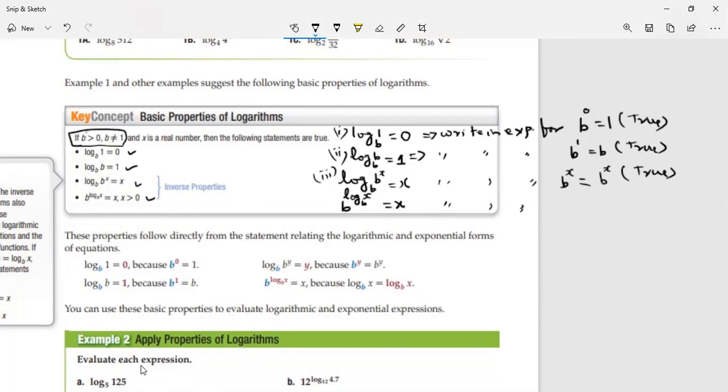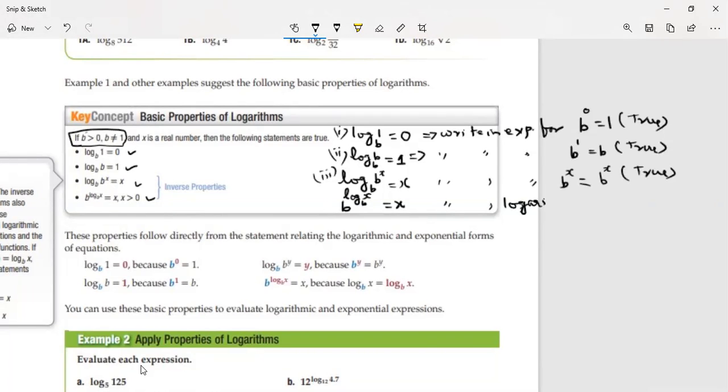Similarly, here also write in the exponent form: b to the power log x to the base b is equal to x. So this is exponential form. Now you will write logarithmic form, not exponential form.